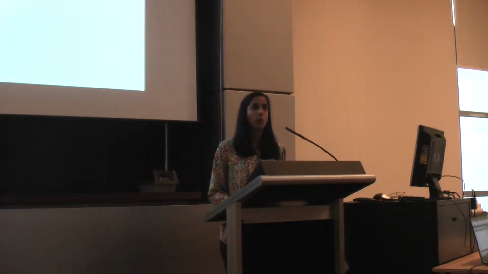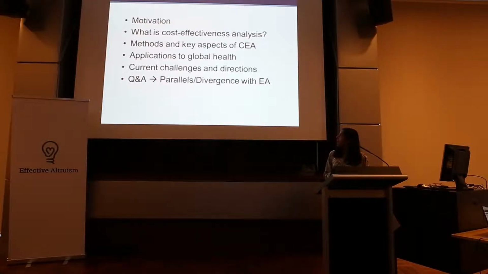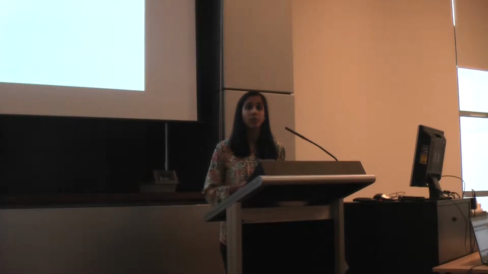So this is what my talk will cover today. I'll start out with a bit of motivation for why cost-effectiveness analysis and economic evaluation as a whole is quite useful in global health. I'll talk about what cost-effectiveness analysis actually is, and then focus a little bit on the methods that are used and some of the key aspects of cost-effectiveness analysis. I'm not going to focus on the costing part at all. I really want to focus on how we define effectiveness and outcomes for cost-effectiveness analysis.